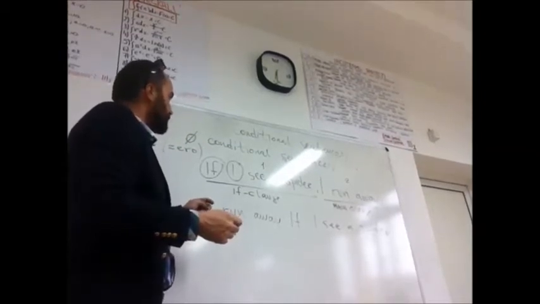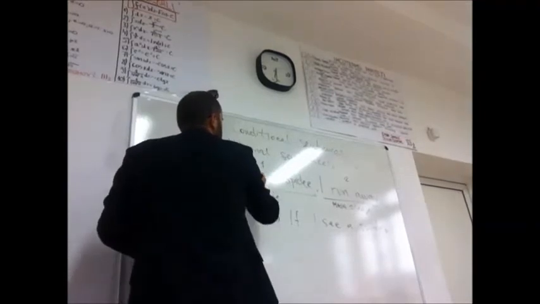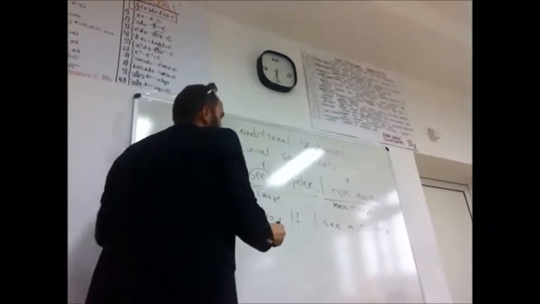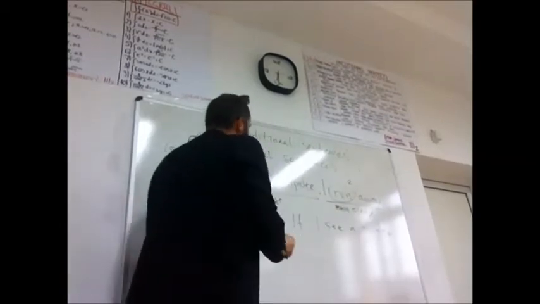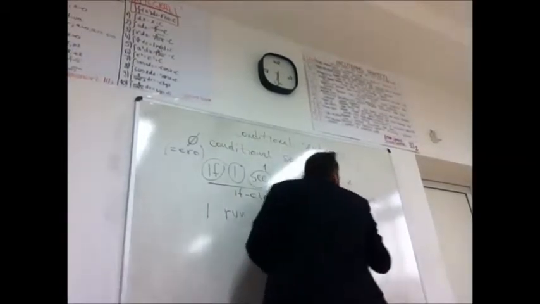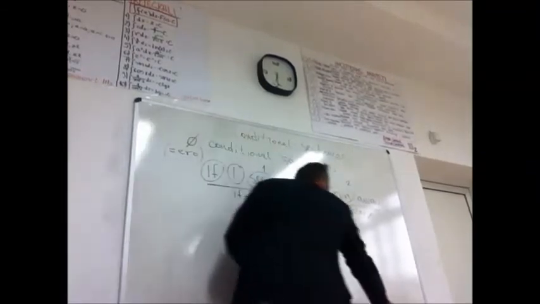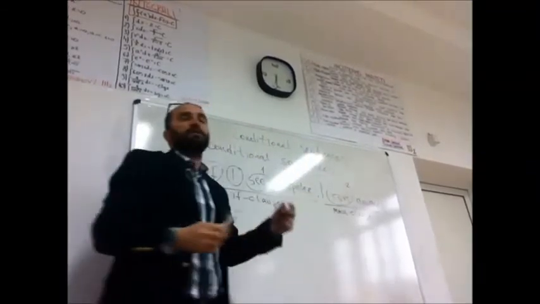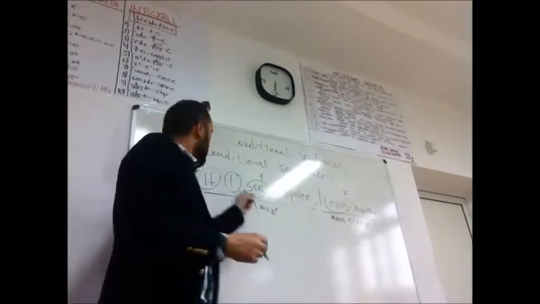Now, take a look at the tenses here. Take a look at the tense in the if clause and the tense in the main clause. So now we're going into the structure of a conditional sentence.